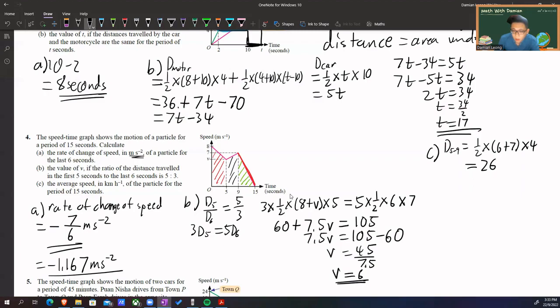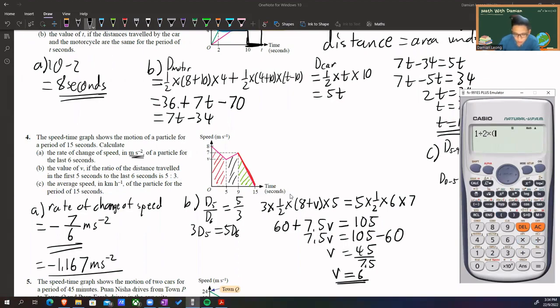Yeah, this is in meters. This 105 is the distance. Actually, it's 5 times, so it's different. I need the distance for all of it also. Distance for the first 5 seconds is half times 8 plus V, which is 6, times 5.